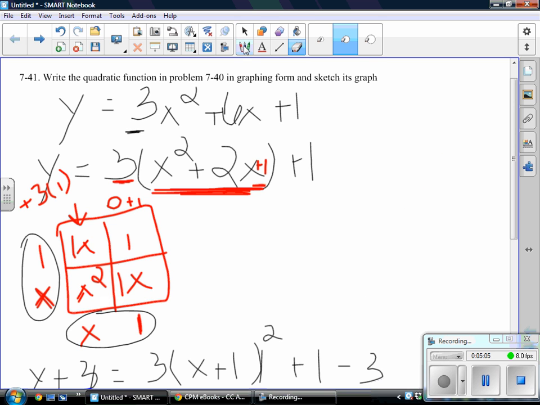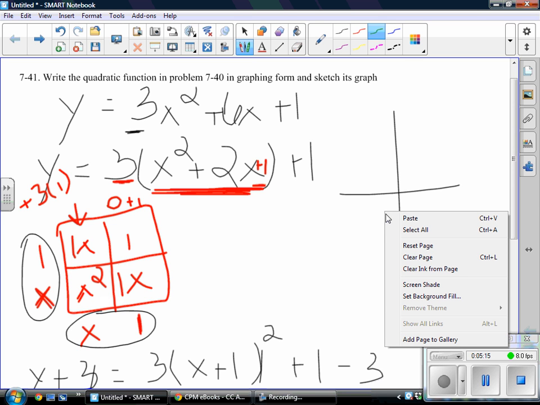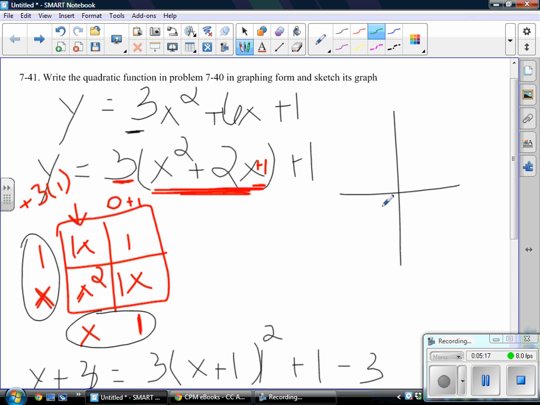So I'm going to draw in my graph coordinates here. My vertex was -1, -2, so about down here.